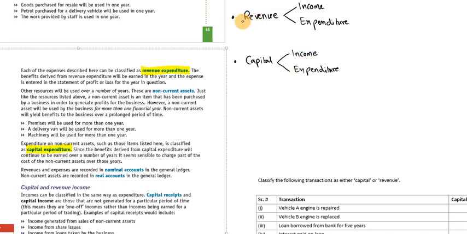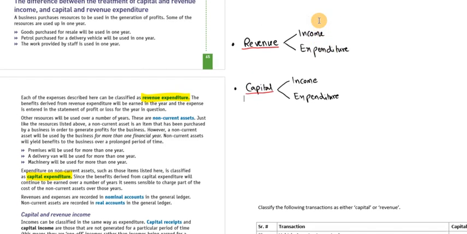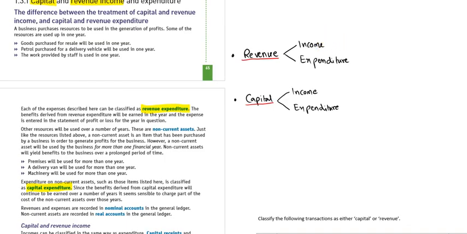First we have to know what is meant by revenue, then we will know what capital is. Revenue income is the income which we earn on a daily basis. Every income which the business earns from the sale of inventory, the sale of goods, is considered revenue income, in simple words.